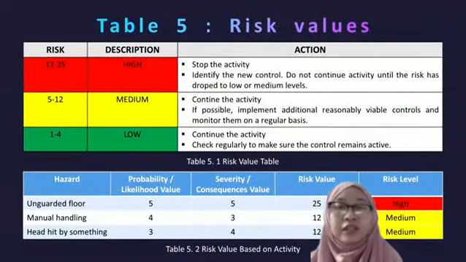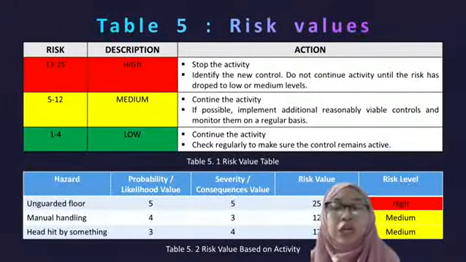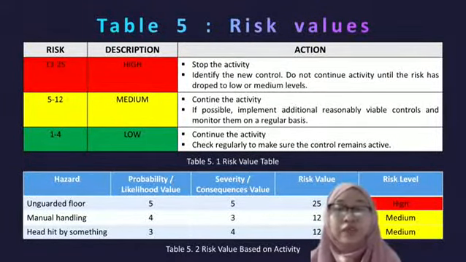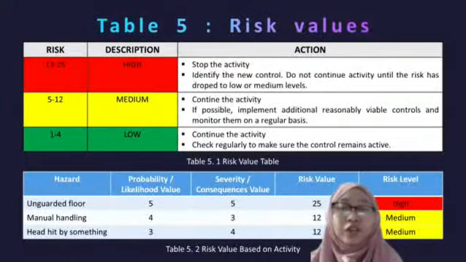For high, we should stop the activity. And for medium, we can continue the activity and add reasonable viable controls. For low, we can continue the activity also, and don't forget to check regularly.